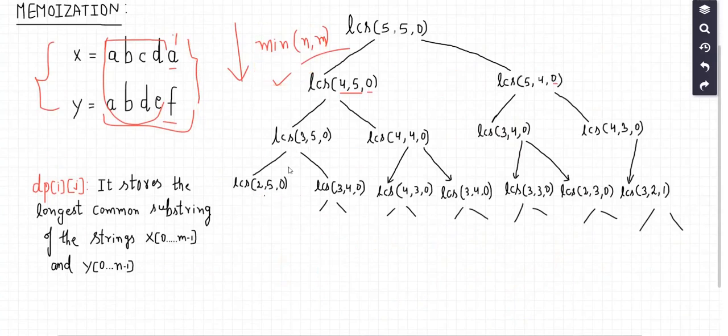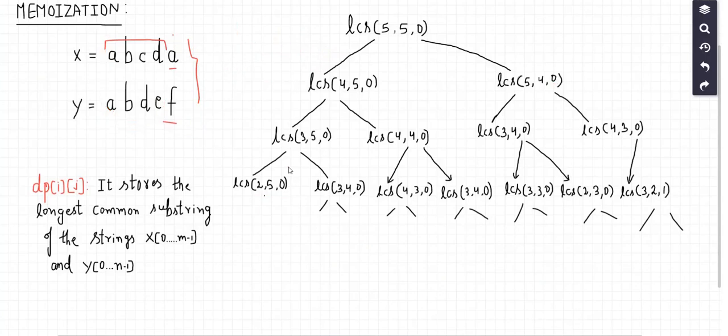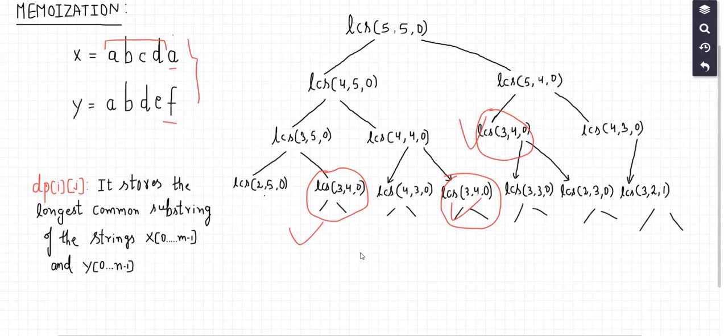So let's see how this will work. Observe that in the function LCS34, the computations are performed again and again. Here LCS34 is again called, here it is again called. So I'm performing these computations 3 times. Rather, what I can do is perform the calculation once and then store the result in a DP array.